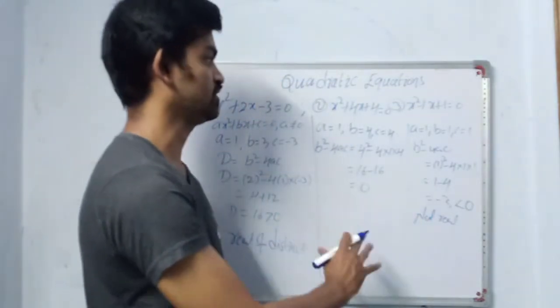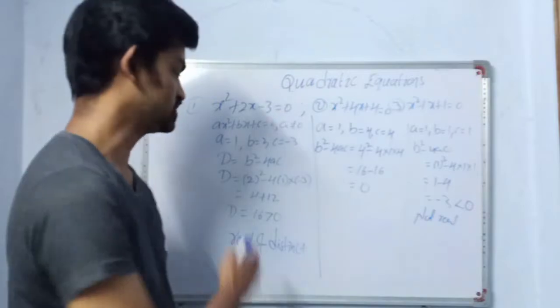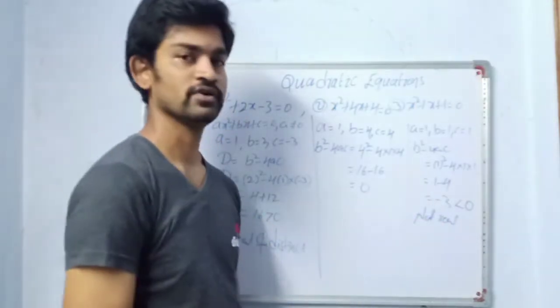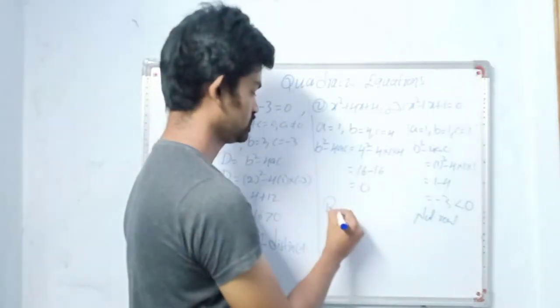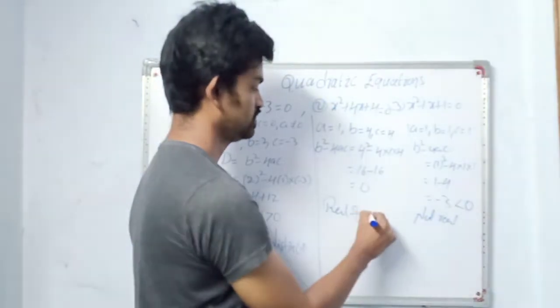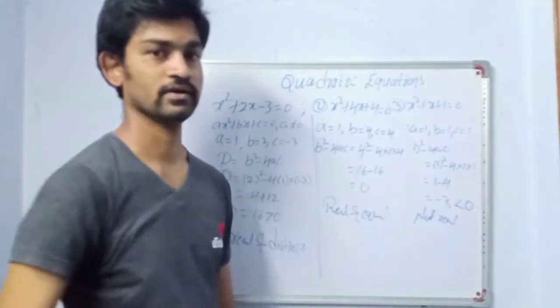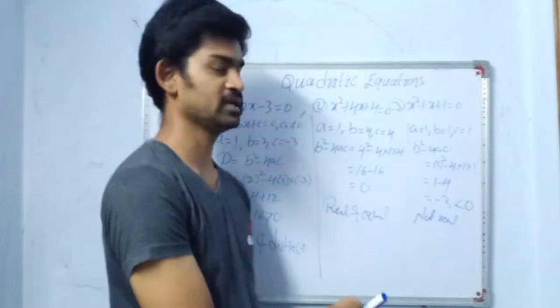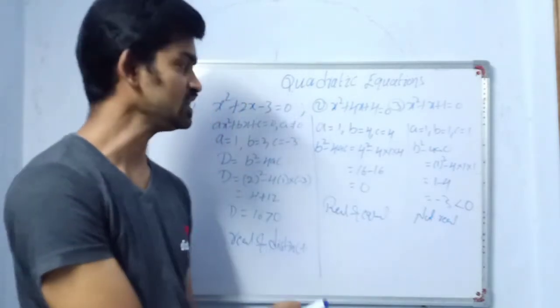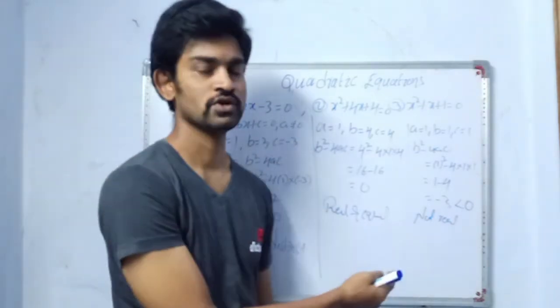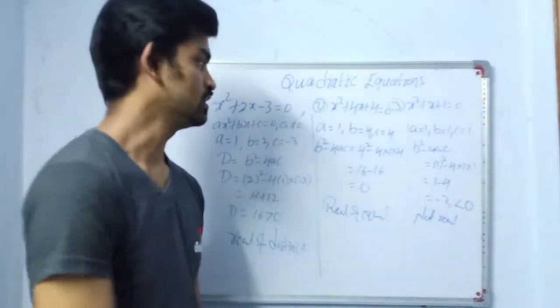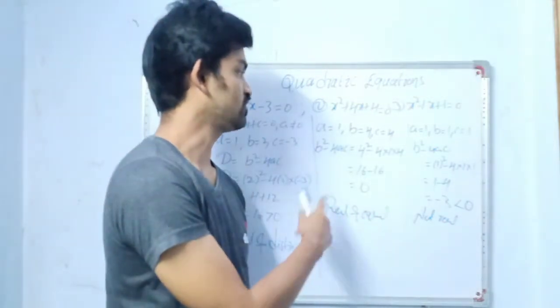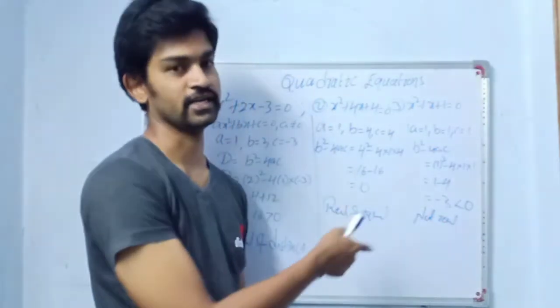This is the concept of nature of roots. This is how we decide the nature of roots. Real and equal. A question may be asked in this way: he can ask to find the nature of roots, or he will directly give that the given quadratic equation has real and equal roots.